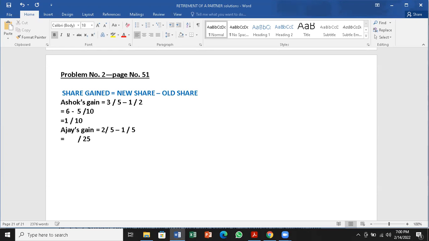Numerator 5 into 5, it is 25. Then 25 divided by 5, it is 5 itself. 5 into 2, 10, minus next 25 divided by 5, that is 5. 5 into 1, 5. That is equal to 5 by 25.